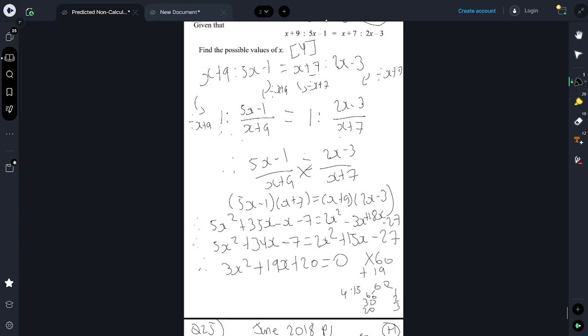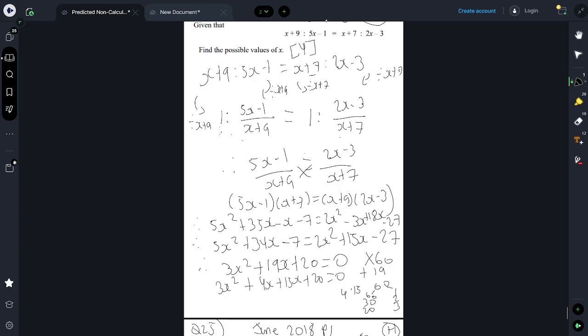So what this allows us to do is split this up now. So 3x squared, 19x is 4x plus 15x, plus 20. And if you've done it right, you should be able to factorize both parts.